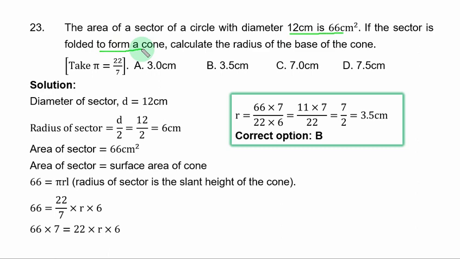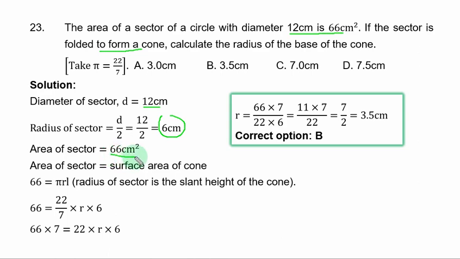From the question, the diameter of the sector D is 12 cm. Now let's get the radius of the sector. That is diameter divided by 2. Divide 12 by 2 and you have 6 centimeters. Area of the sector is 66 square centimeters.